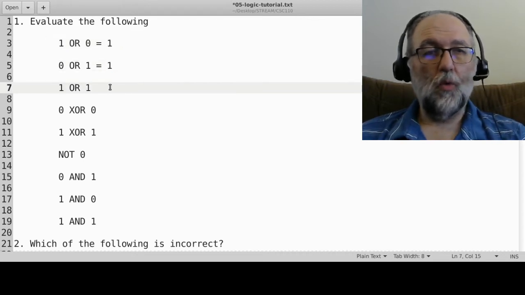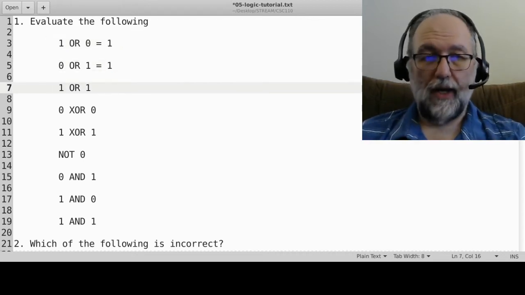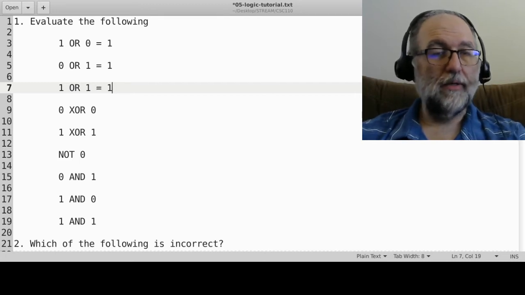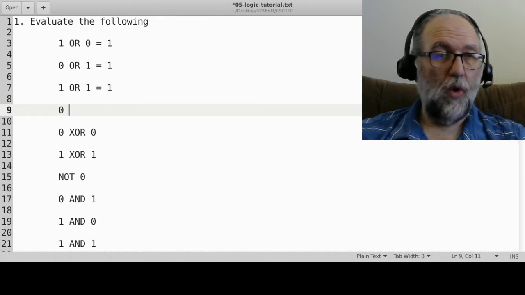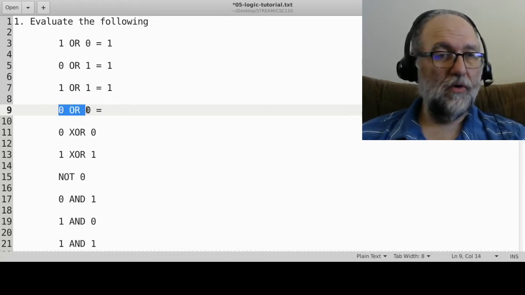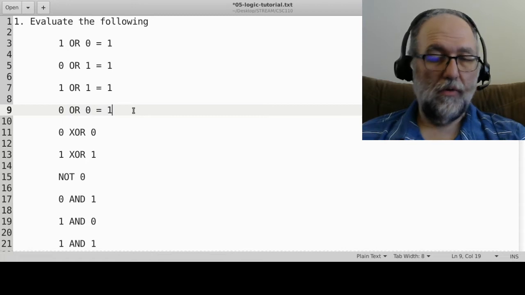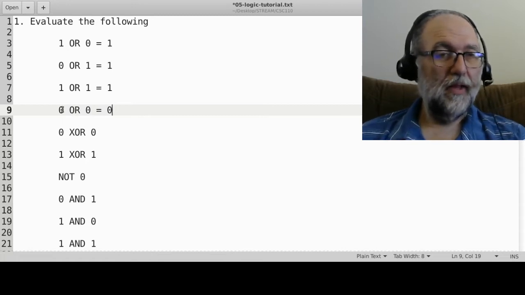Then 1 or 1, well, they're both 1, so that's going to equal 1. And maybe I'll add one more here to complete it. 0 or 0 is going to equal 0, because only if they're both 0 do you get 0.